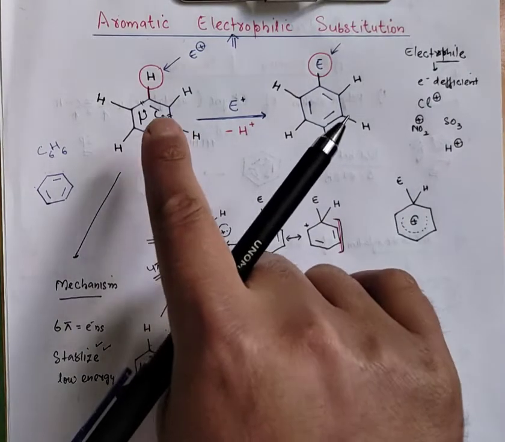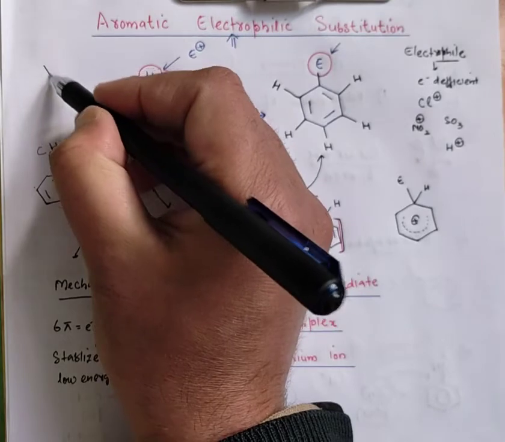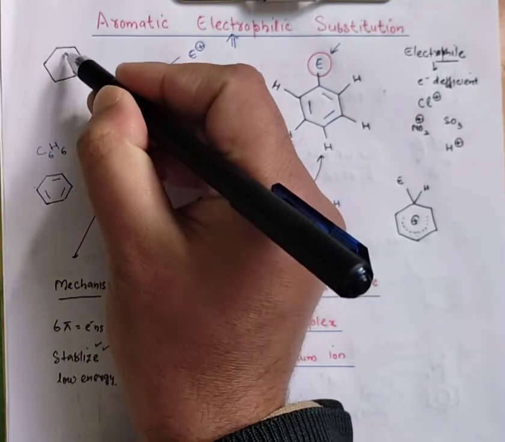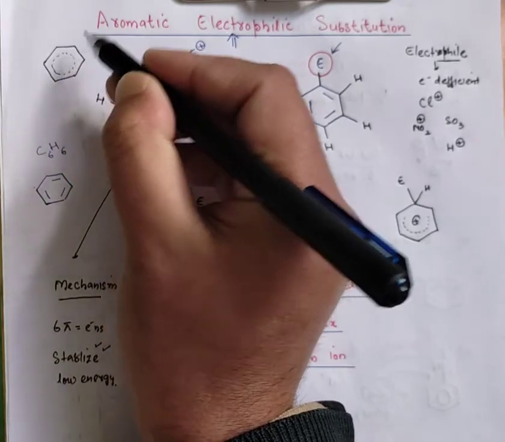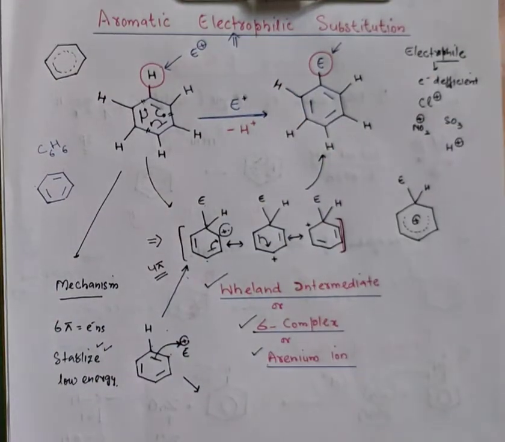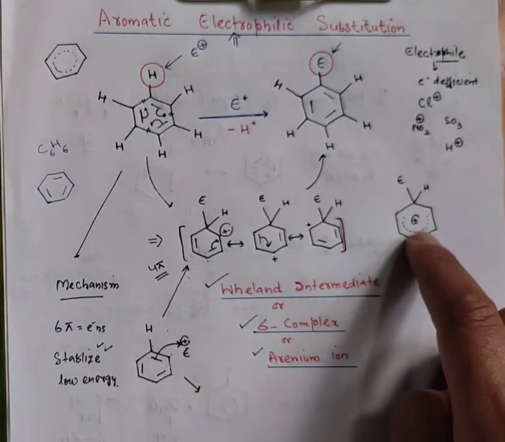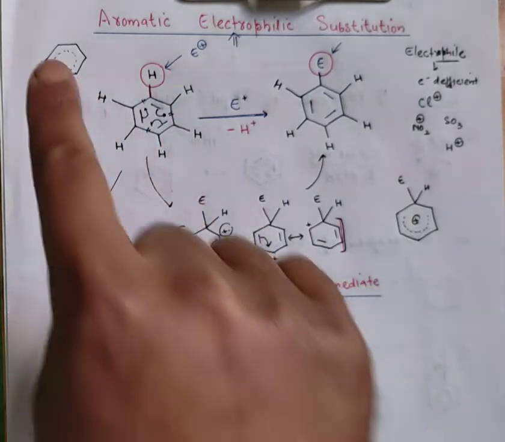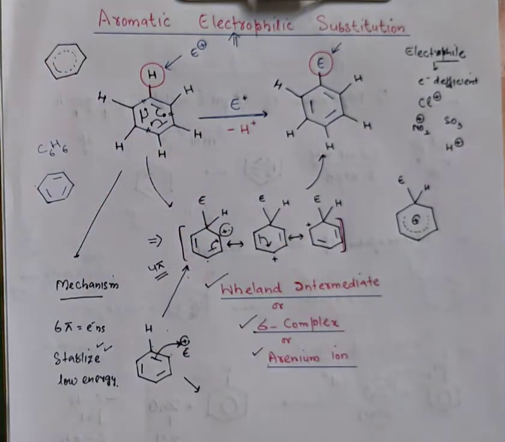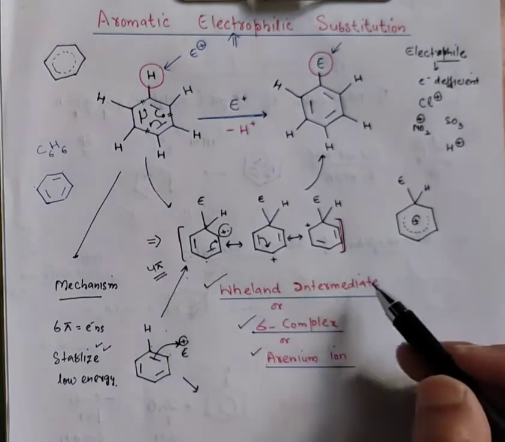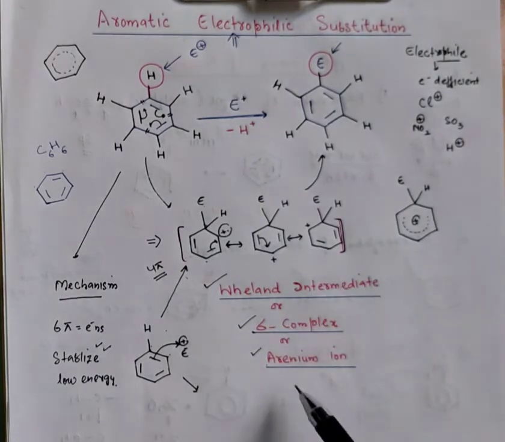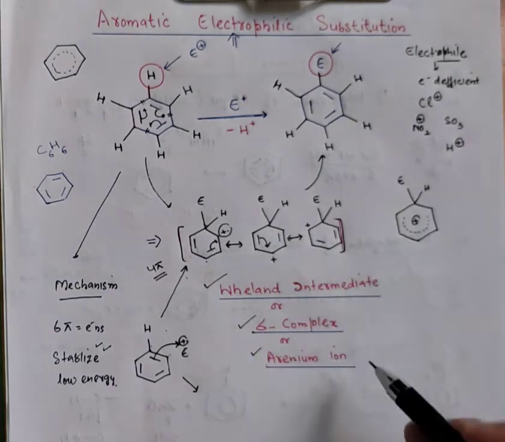In the parent compound, benzene, there also we have resonance, but the resonance is between the 6 carbons. It's throughout the ring. So the more delocalization, the more stable the compound is. So this intermediate is also stable, but comparatively, it is less stable than the parent aromatic ring. Okay? This intermediate is called a Wheland intermediate. This is also called the sigma complex. Since it's a cation, it's called the arenium ion.